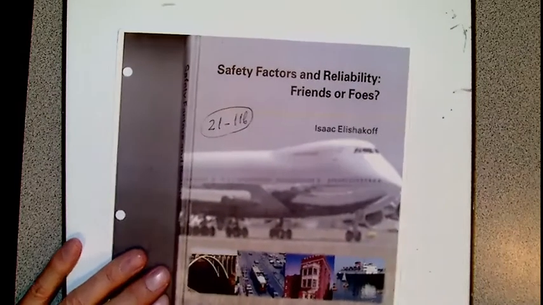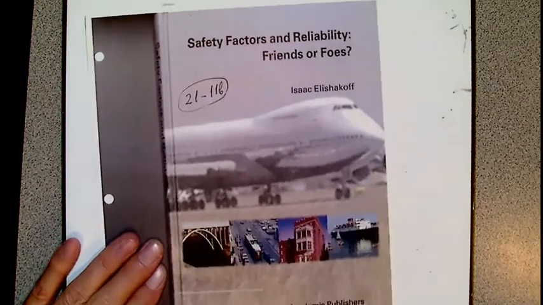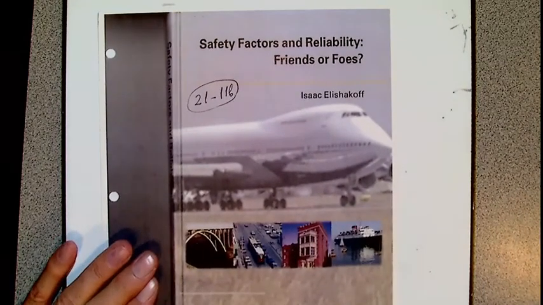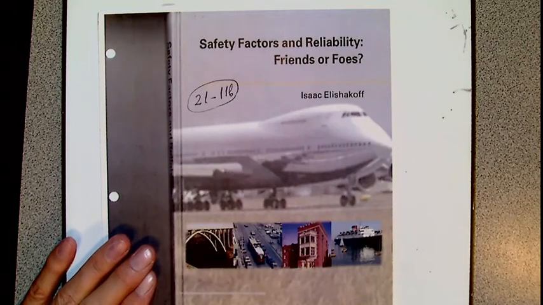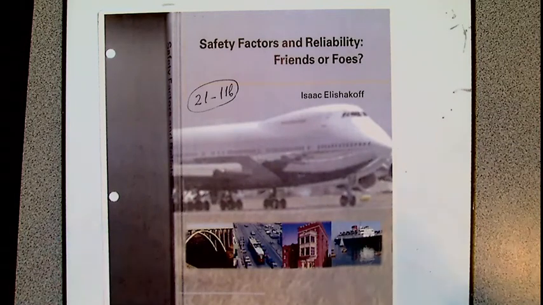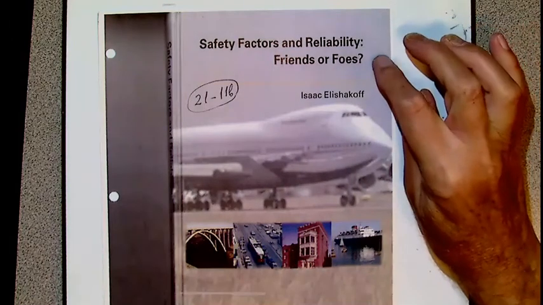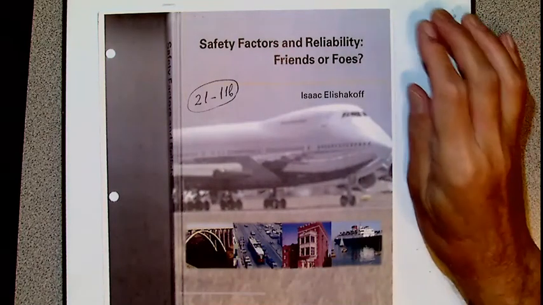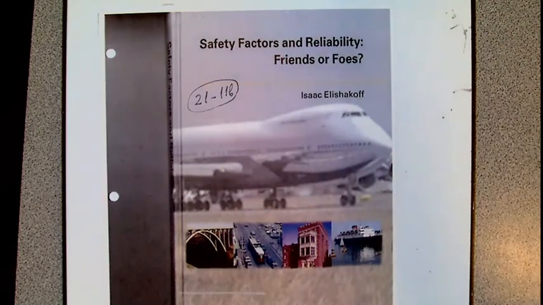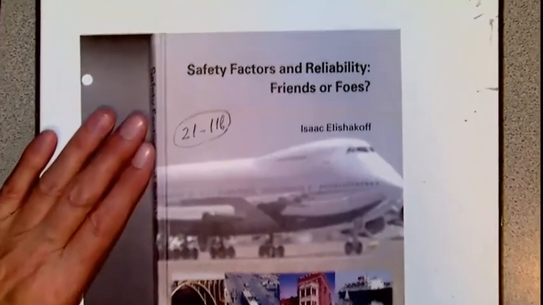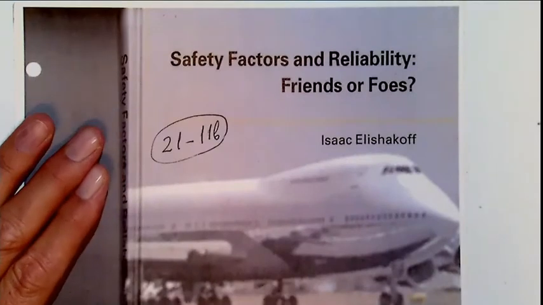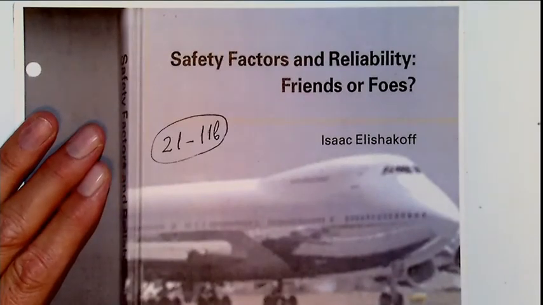Okay, anyway, there is a book that I wrote, but it's more advanced. The topics that we consider here are elementary. But I wrote the first and only book in the Western literature on safety factors: Safety Factors and Reliability, Friends or Foes.